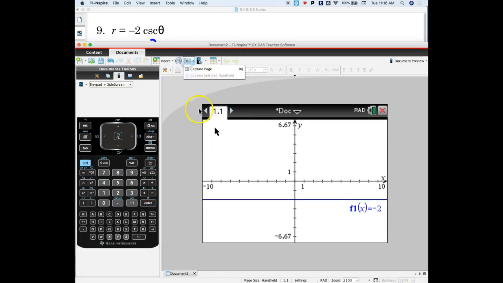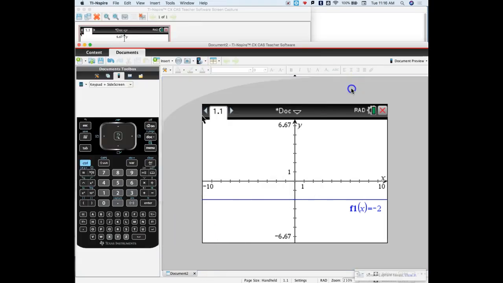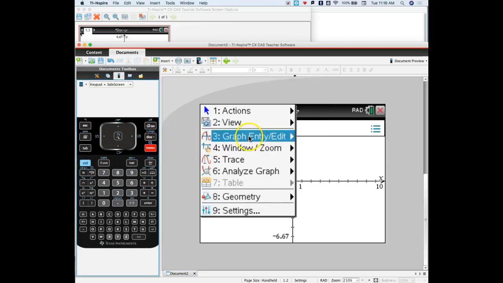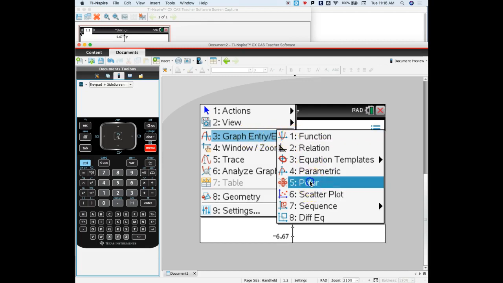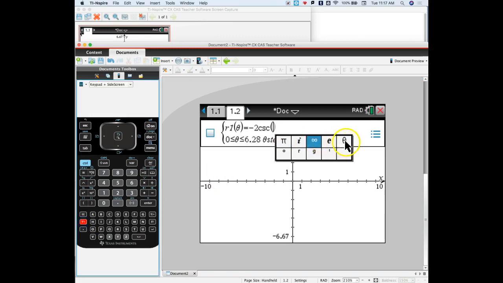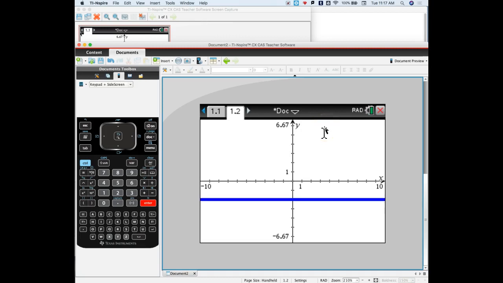Polarly, if I were to go onto my graphing calculator and insert a polar equation, my polar equation would be negative 2 cosecant of theta. I get the exact same thing.